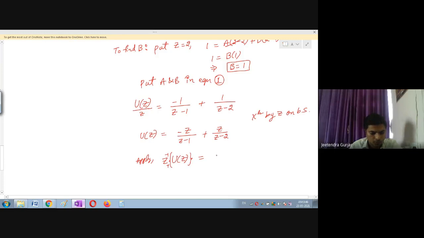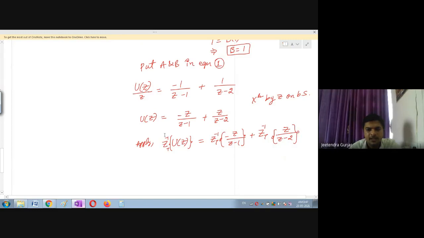So this is equal to, again inverse Z transform, minus Z upon Z minus 1 plus Z upon Z minus 2, students. The last step, you can just see, I have taken inverse Z transform everywhere. So now you can just simplify. Therefore, you can take the minus outside so that you don't get confused here. I'll make this plus.